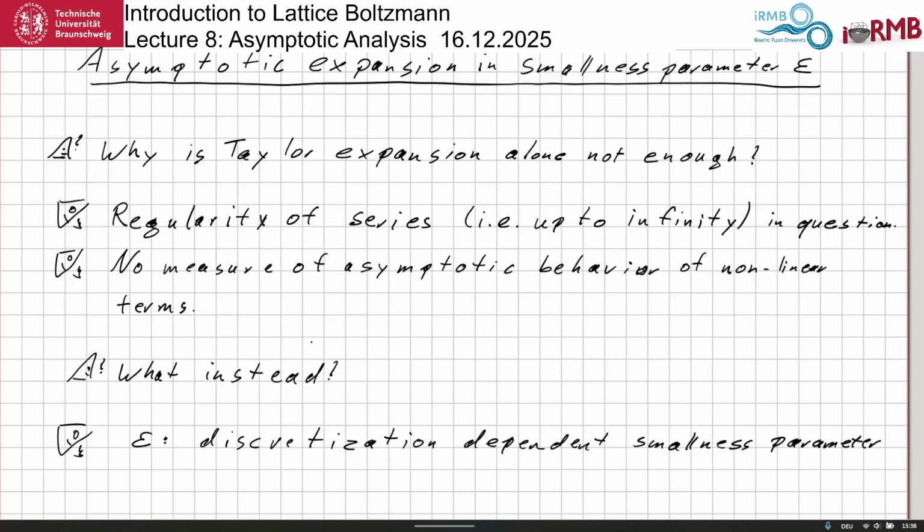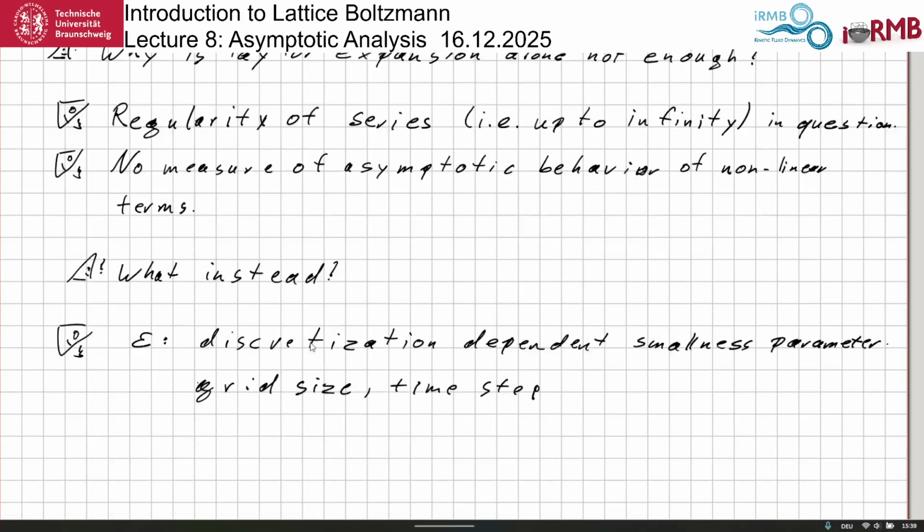The easiest examples you would usually come across are a grid size, the grid spacing, or a time step. In a usual Runge-Kutta method, you have a time step, and the length of the time step is your small parameter. Everything works only if this is small, and you get convergence when you make it smaller. This is how we define a numerical approximation.